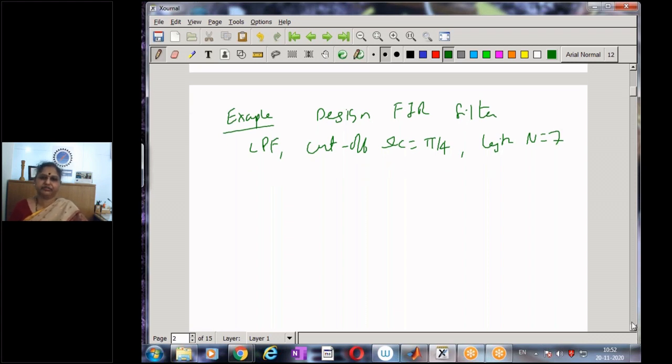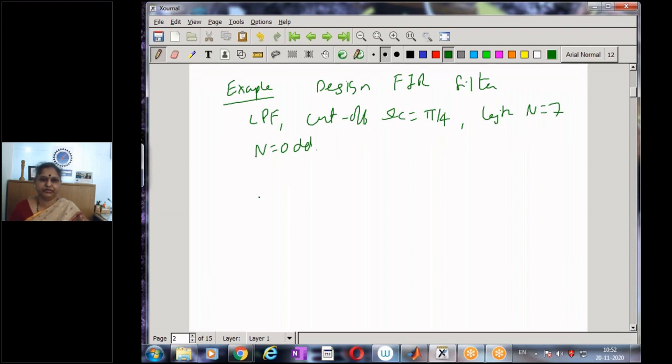In the window method of design, the length of the filter is always odd. N is always odd. So this is the problem statement. And now let's try to design the filter.